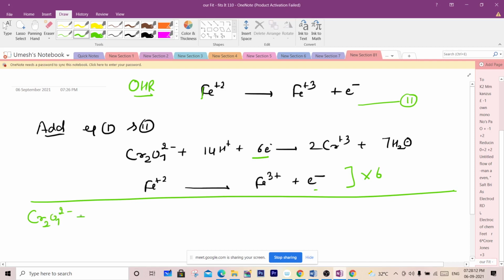Dichromate plus 6 Fe2+ ions to give 6 ferric ions, electrons cancelled, plus 14 H+ on this side, 2 chromium ions plus 7 water molecules.